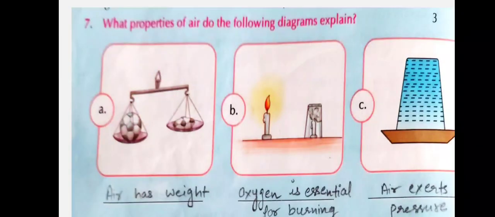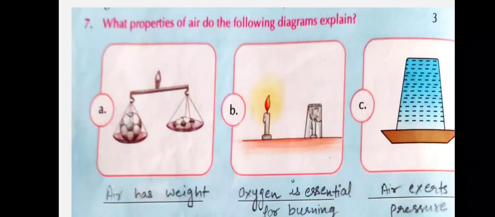Next, question number 7. What properties of air do the following diagrams explain? Some diagrams are given, and by seeing this we have to find which property they are showing.